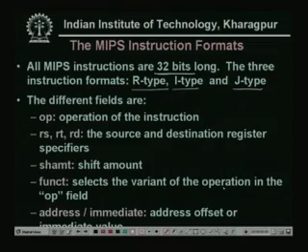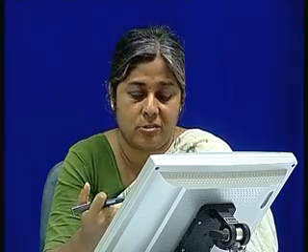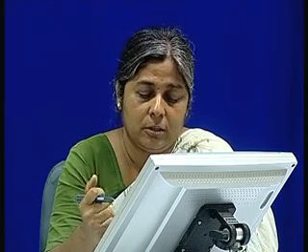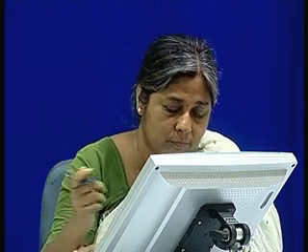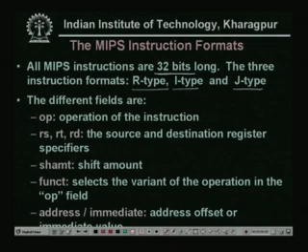This is some kind of mode of operation, whether the immediate value is being operated on, or an address offset is given, and from some addresses the data has to be accessed before it is operated on. So, these are the different fields kept in the early MIPS machine.